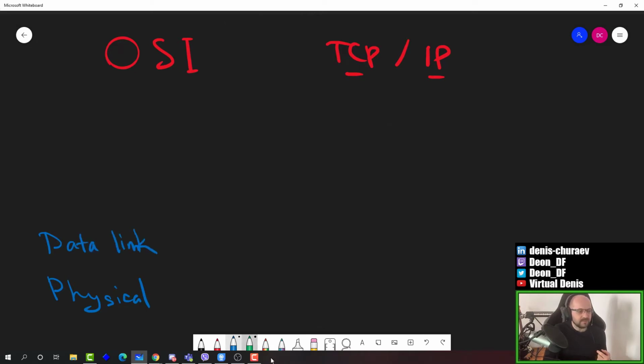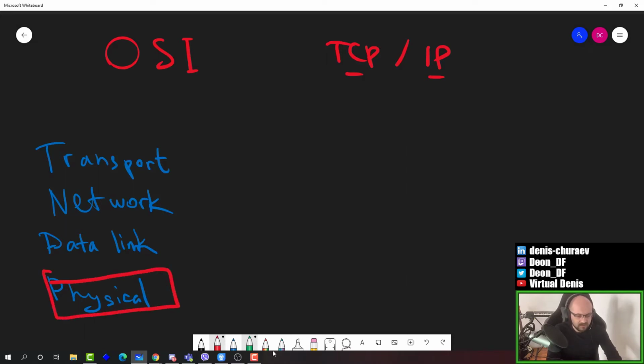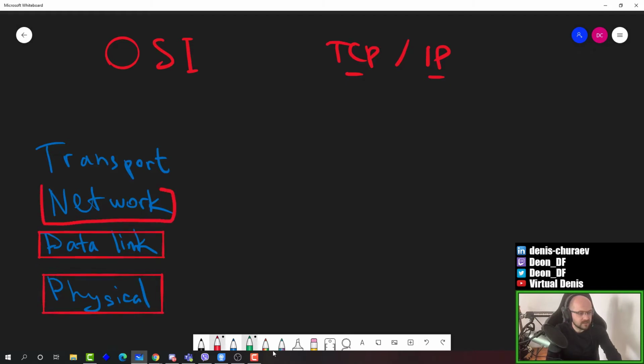And don't worry if the names do not make sense, because I'm going to explain them with a real world example. Then there is the network layer, and then there is the transport layer. So far it may not make much sense, but very shortly we'll start talking about this and you'll see what's happening. So: physical, data link, network, and transport.